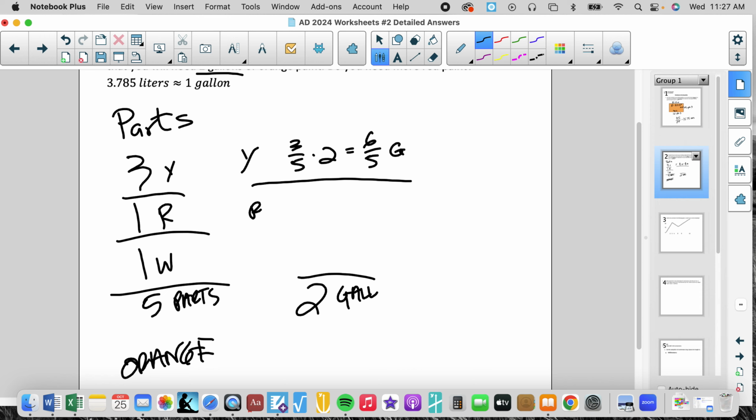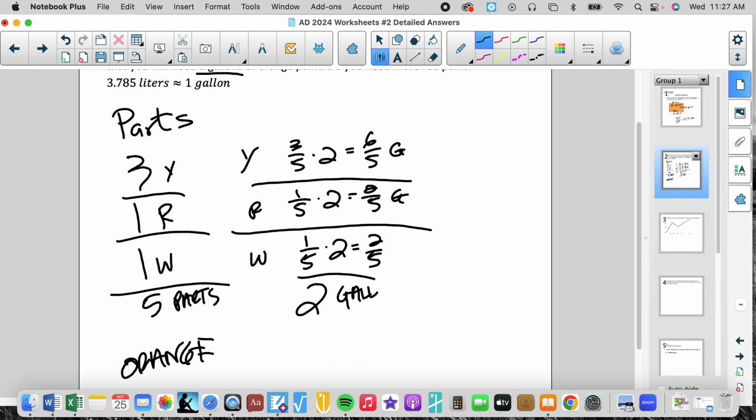And red would be 1/5 part of those 2 gallons, or 2/5 of a gallon of red would be needed. And white is also 1/5 times 2 gallons, which gives us 2/5 of a gallon.